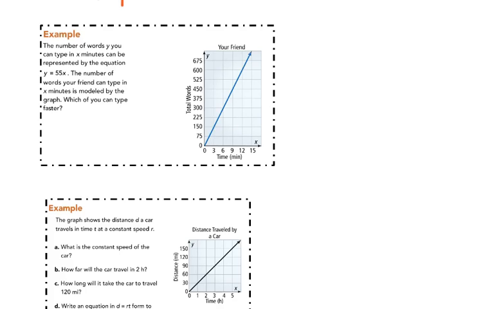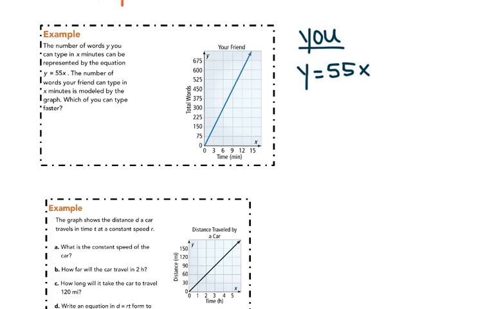Now let's read the example. It says the number of words y you can type in x minutes can be represented by the equation y equals 55x. So over here I'm going to put the word you. And then underneath it, I'm going to put y equals 55x.